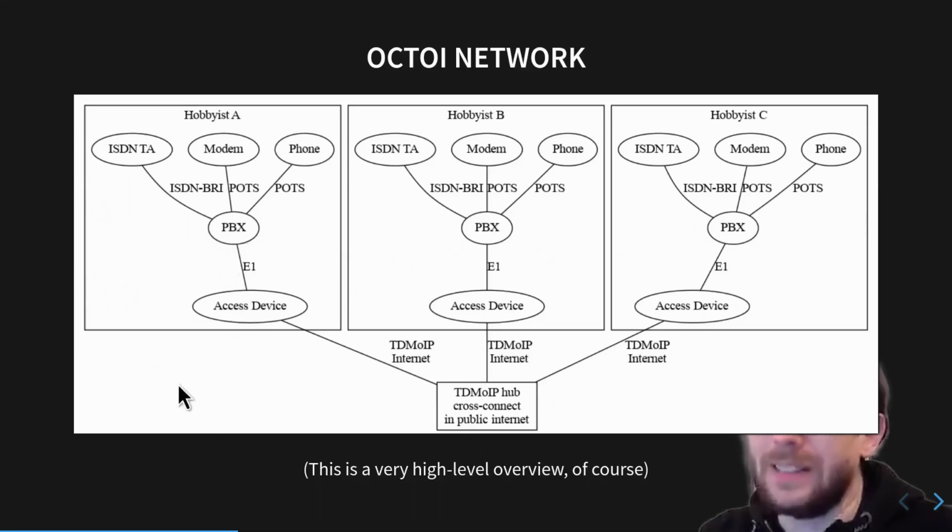But since the public ISDN network doesn't exist anymore in many places, we have to basically emulate the lower half of this diagram, meaning from this E1, we don't attach to a public network, but we have some access device, in quotes, that consists of several parts.